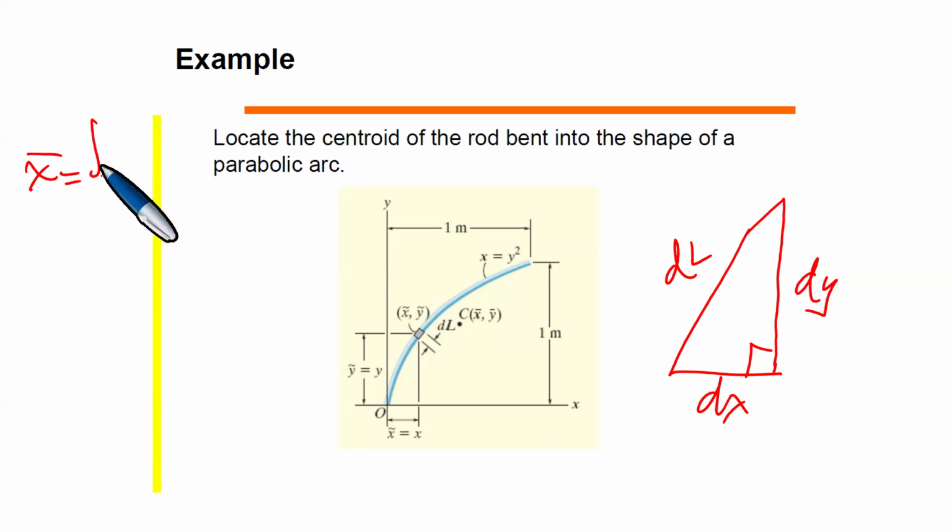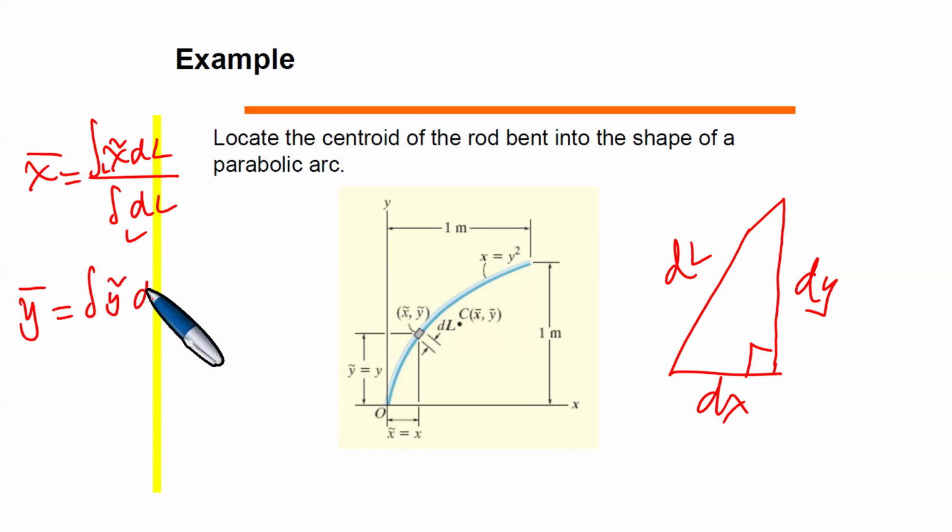The first thing is to be able to find the integral of x tilde dl divided by the integral of dl, over L. And the next thing is to find the integral of y tilde dl, out of L. So this is the formula used to find the centroid of the rod.